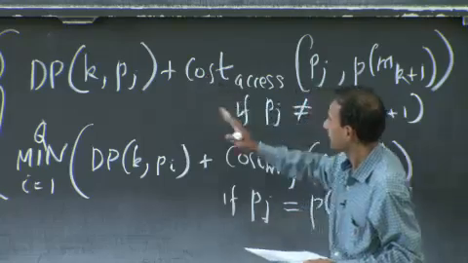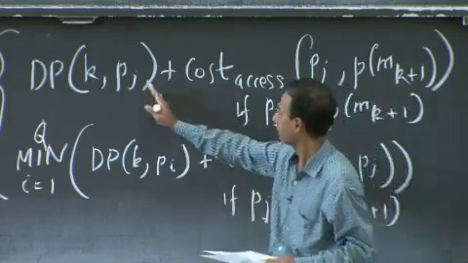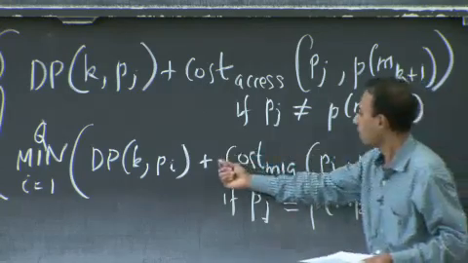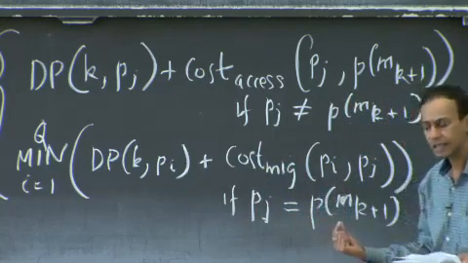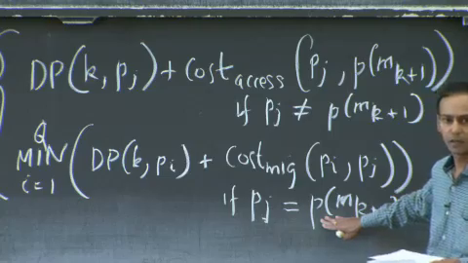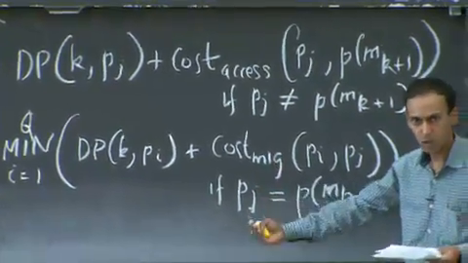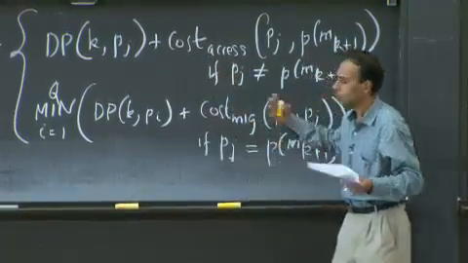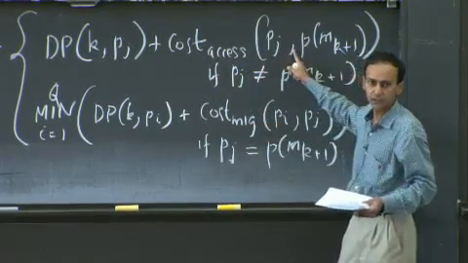What you've done is created a subproblem. It's optimum. And then you look at the two cases. Do you want to migrate and do a local access? That's this case over here. Right? Migrate to the processor and do a local access there. And in this case, you stay where you are and do a remote access.